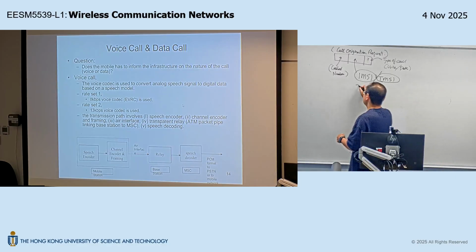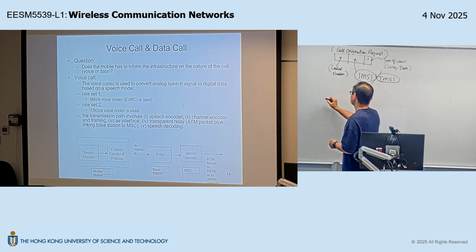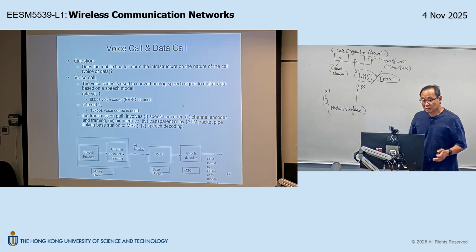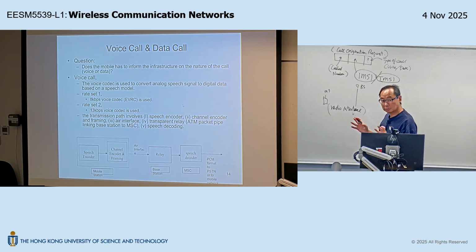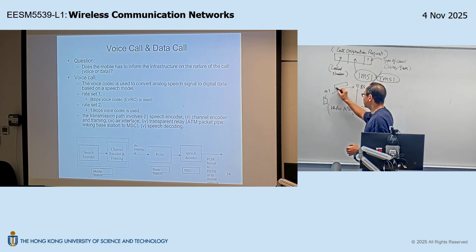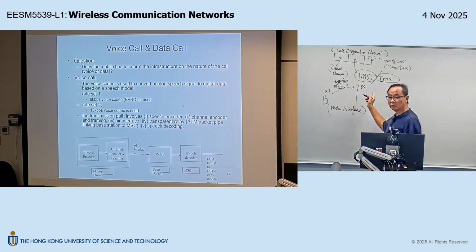If this is the base station, this is the mobile station, and this is the radio interface. In IS-95, this is a digital cellular system. Digital cellular system means once every 20 milliseconds, there is a traffic frame delivered between the mobile and the base station.